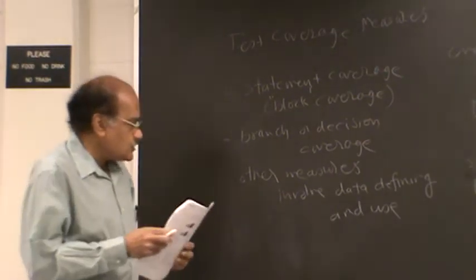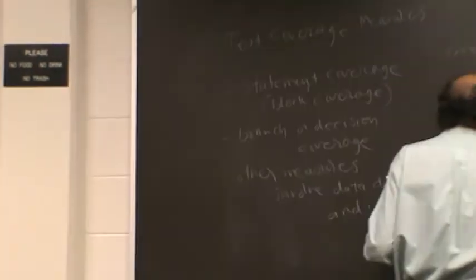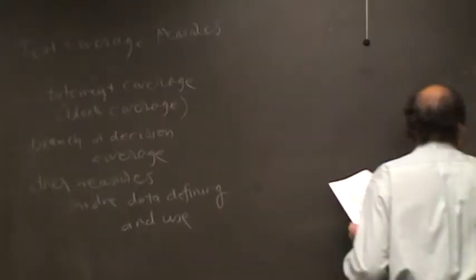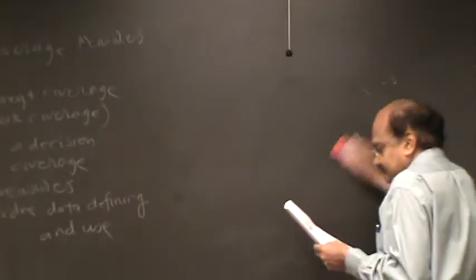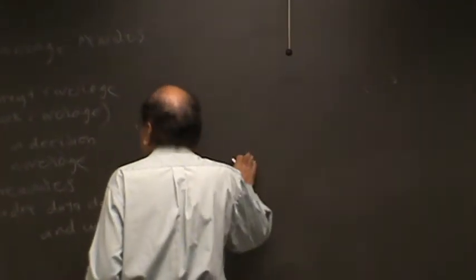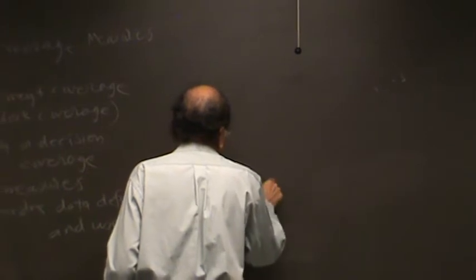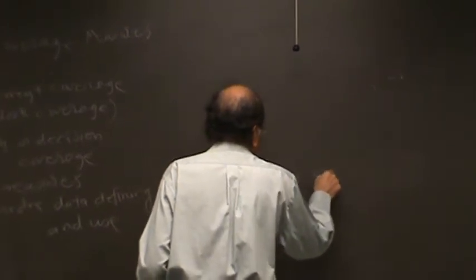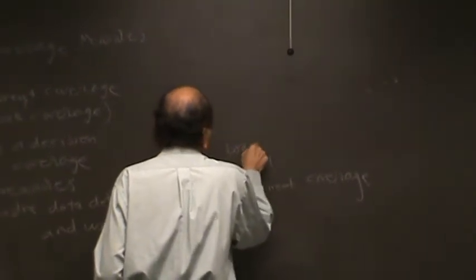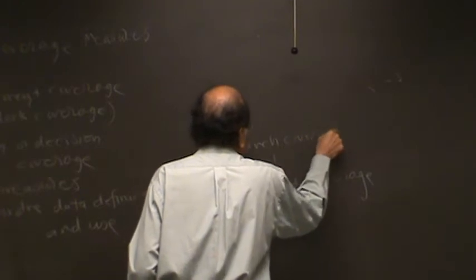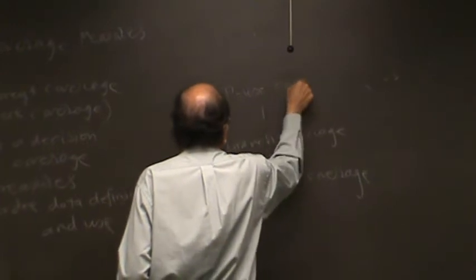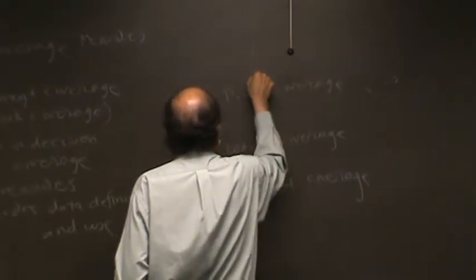And people have shown that there is a subsumption hierarchy. Let me give you that hierarchy. So you have something called statement coverage, and branch coverage. There is something called P-use coverage, and then some others.